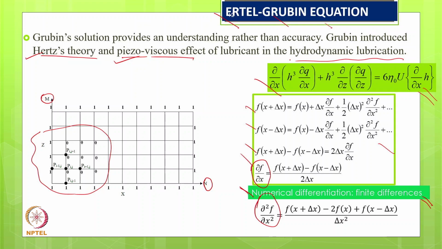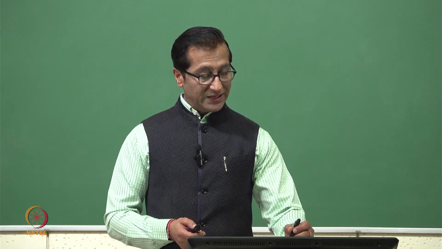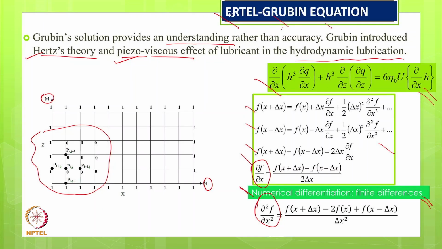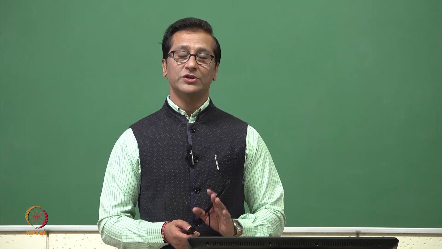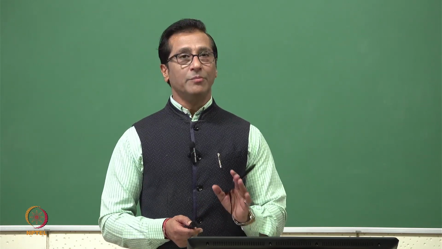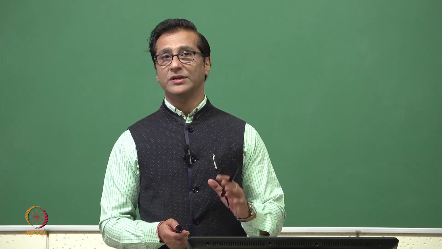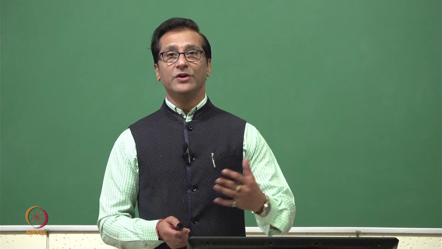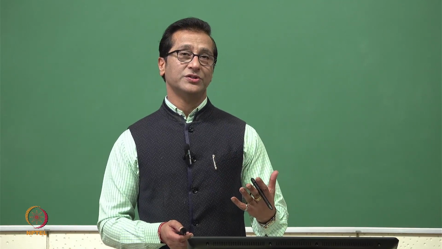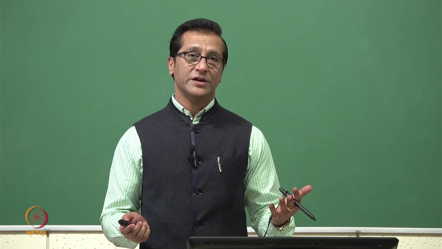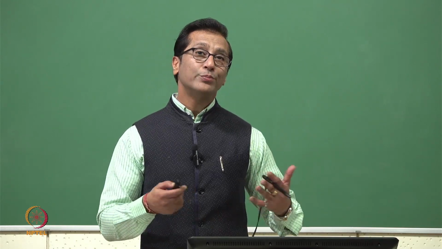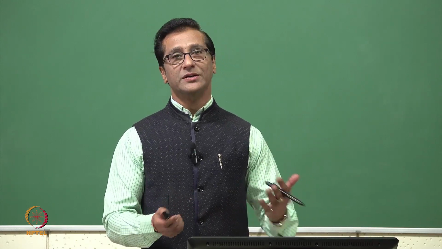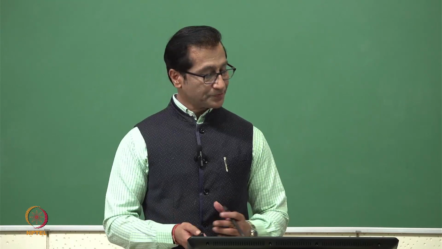So this is very interesting for understanding purposes, but from an accuracy point of view, that is not good. The accuracy of the Ertel-Grubin equation is not going to give a very good solution, but it provides an engineering solution. And then obviously with machine learning, if we have a guided solution, like a Grubin equation kind of solution, we can improve the accuracy. That's what I'm trying to project.